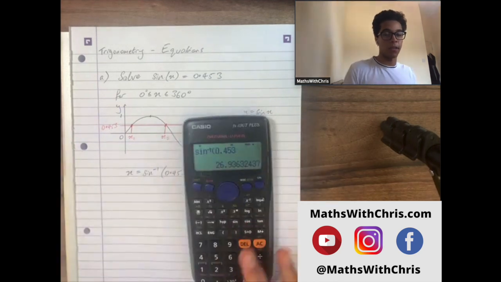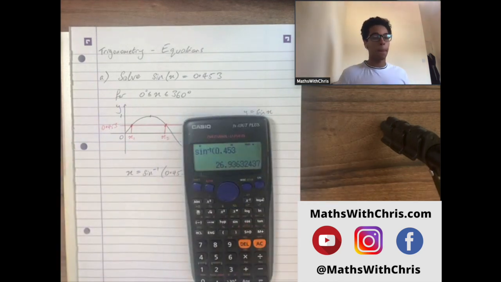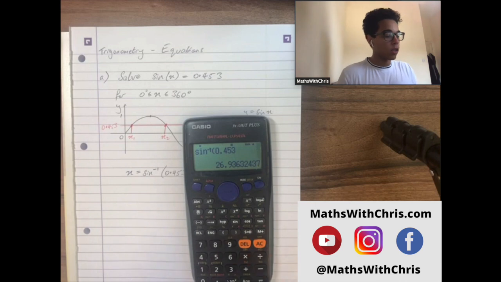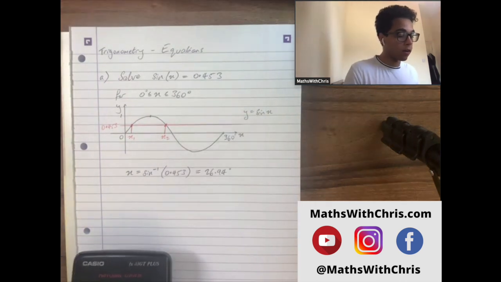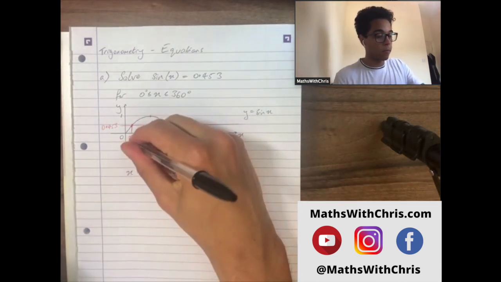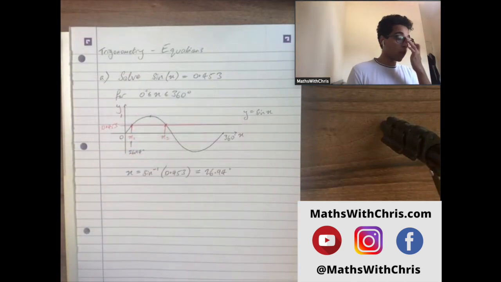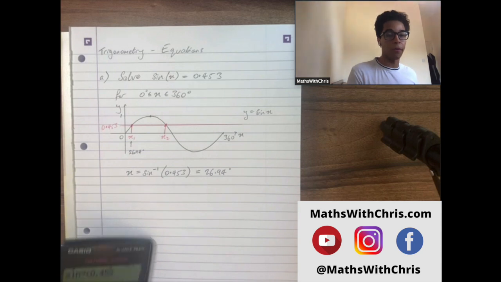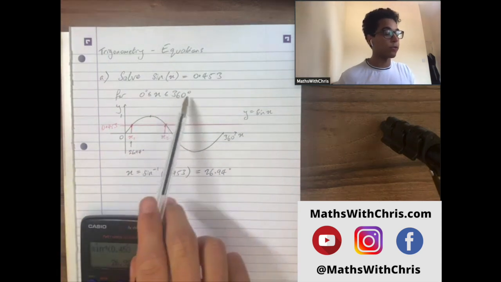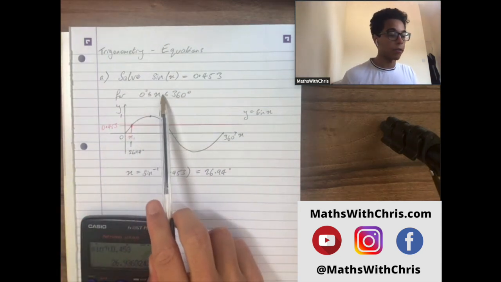So that's just putting it into the calculator. So that's what comes out. Then that's this value here. It always tells us the first value along. What we want to do is make sure we get both of them. We can't just stop here. We want to find all of the x values between 0 and 360.